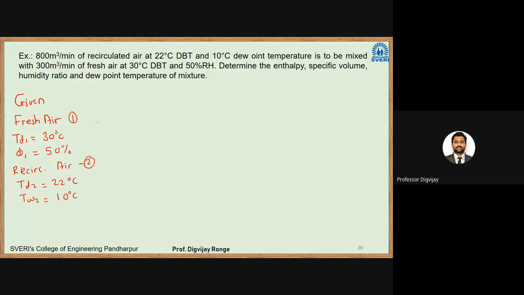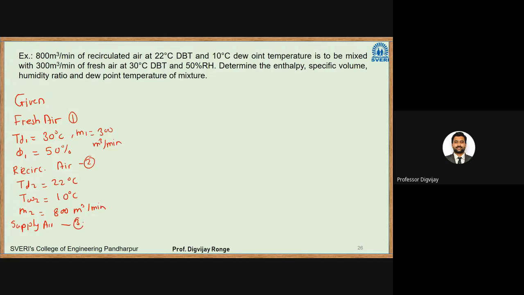Here the flow rate is also given. So in this case, M1 is 300 meter cube per minute. And here we have M2 as 800 meter cube per minute. Okay. Then we have to find out the condition of supply air. So supply air, let us denote it as point 3.